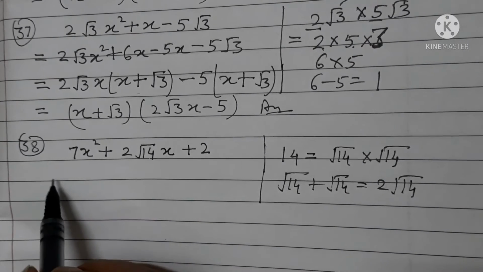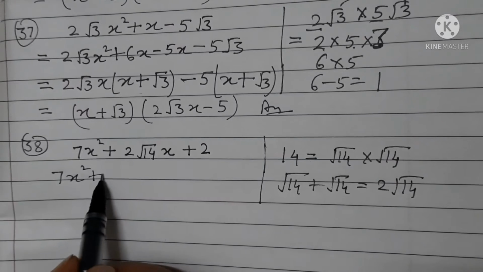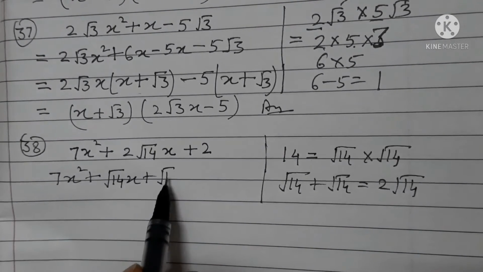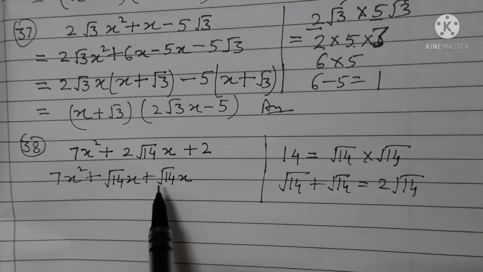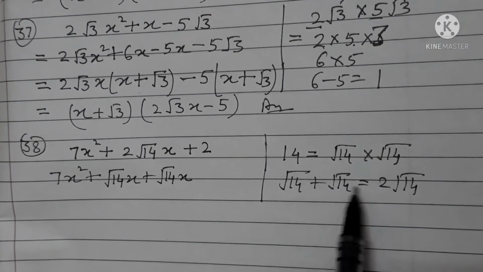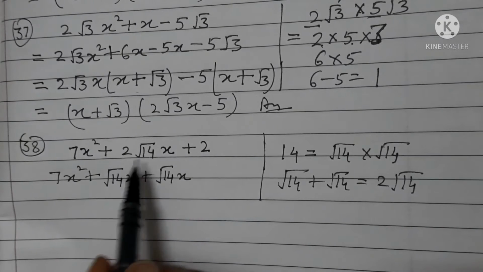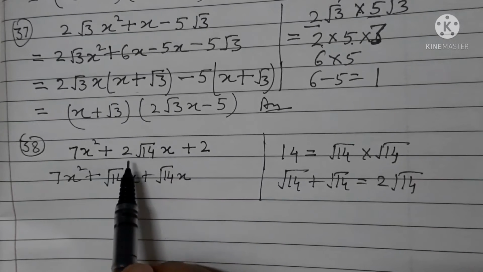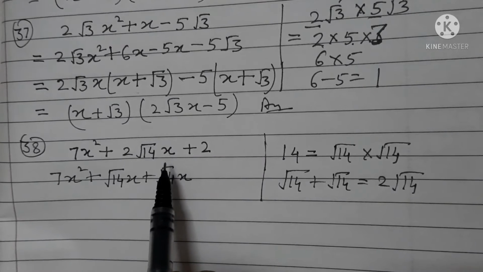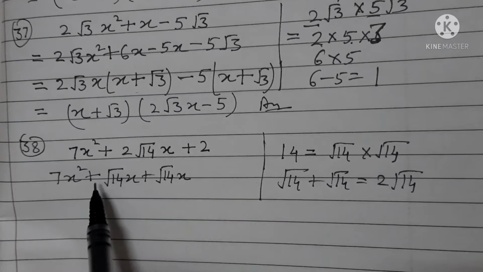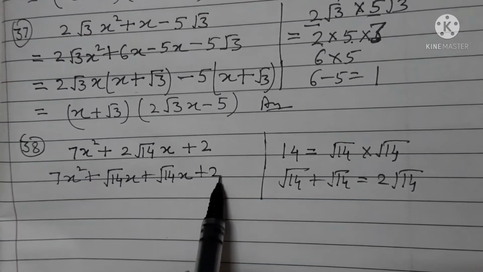And use here 7x square plus root 14x plus root 14x. Here I am not taking x but it must be written with x because here you have to make 2 root 14x. So root 14x plus root 14x becomes 2 root 14x plus 2.